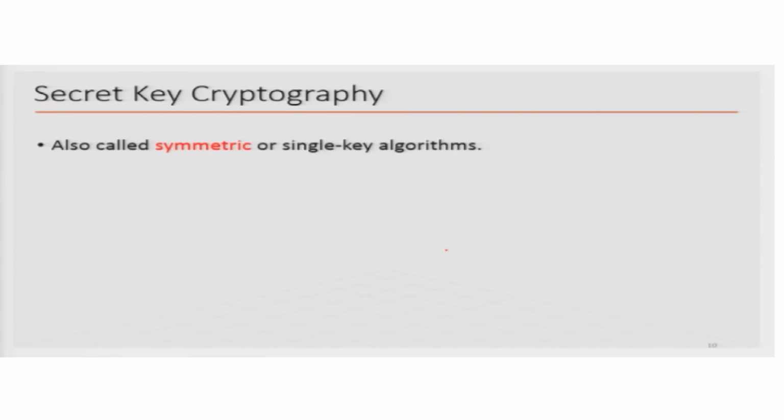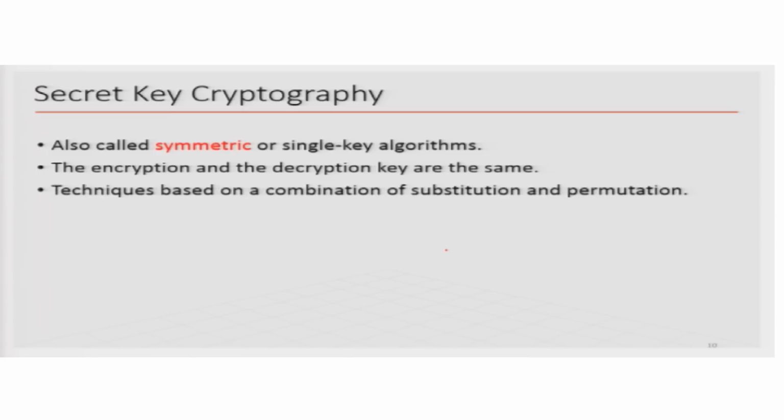This symmetric key is also called single key algorithm, because you have only one key shared between the receiver and sender, and obviously the two keys are the same, and most of the time these encryption algorithms are also pretty simple. They are simple, but they are tedious.